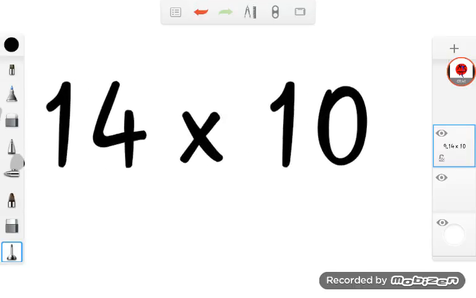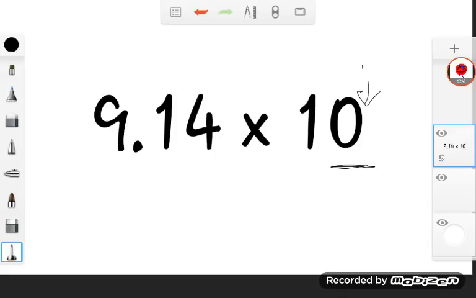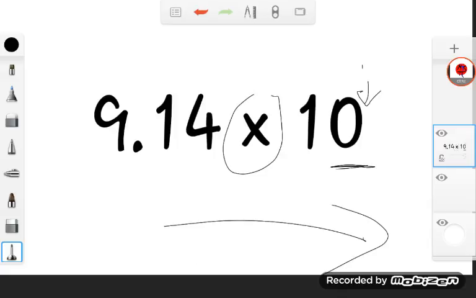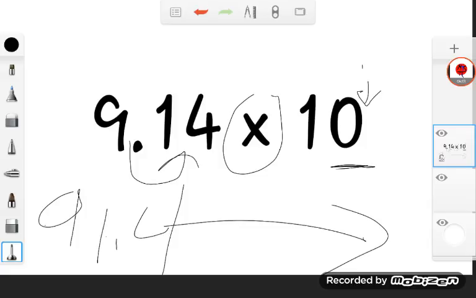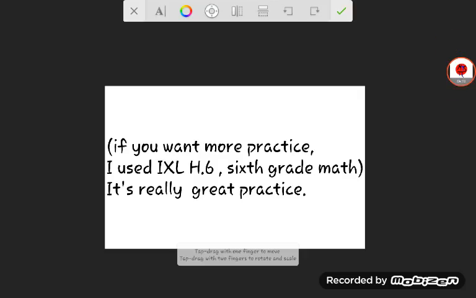Same process, 1 0, and it's multiplication, so we move that way. So move over one space. So now our final answer would be 91.4. Let's check. And that's right.